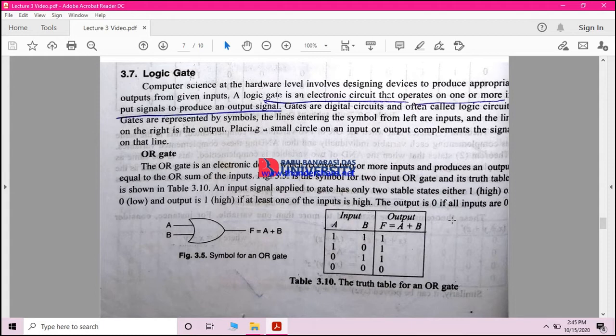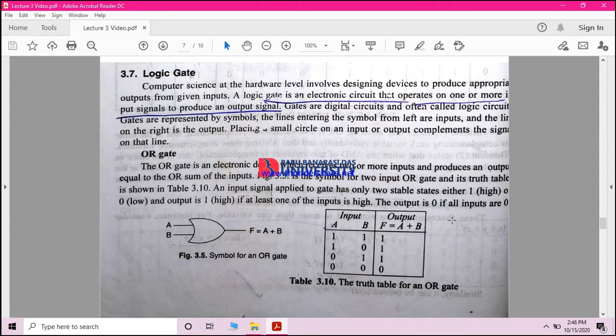First of all, we will study the OR gate. So what is the OR gate, what is the truth table of the OR gate, and what is the symbol of the OR gate? I have just told you that you can also write OR as A plus B or A or B. Basically, the OR gate is an electronic device which receives two or more inputs and produces an output equal to the OR sum of the inputs.